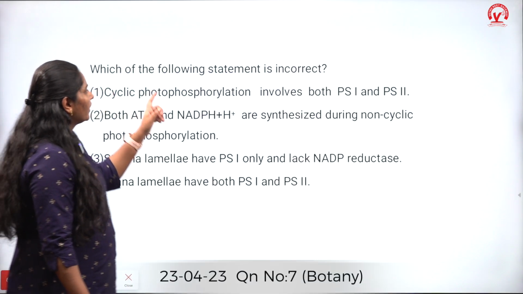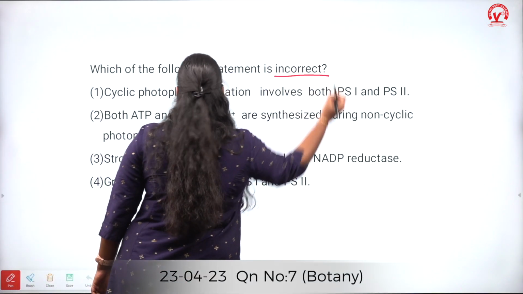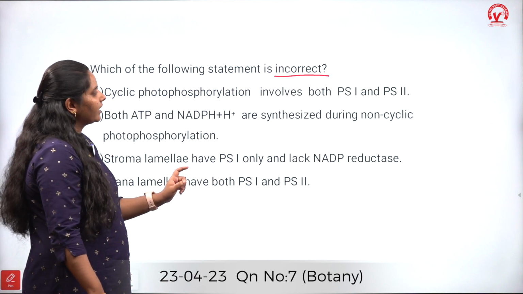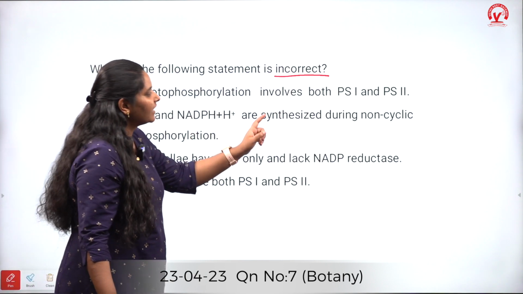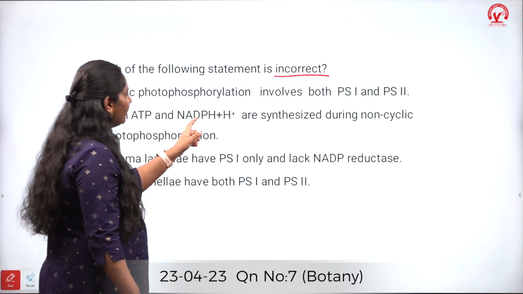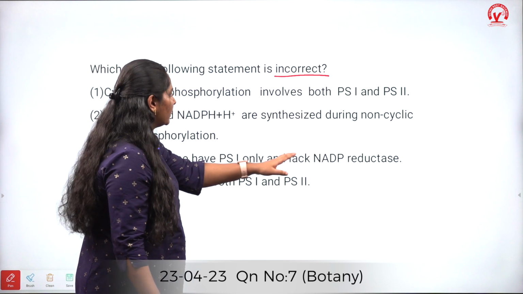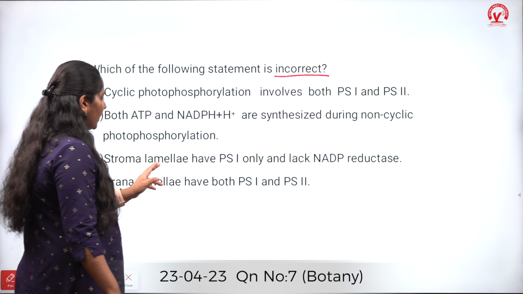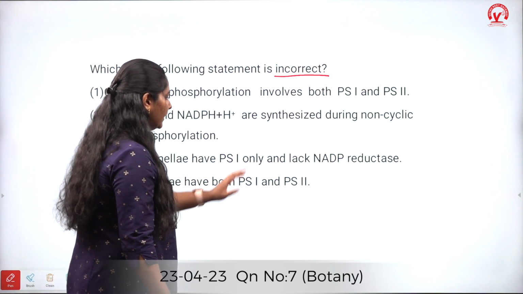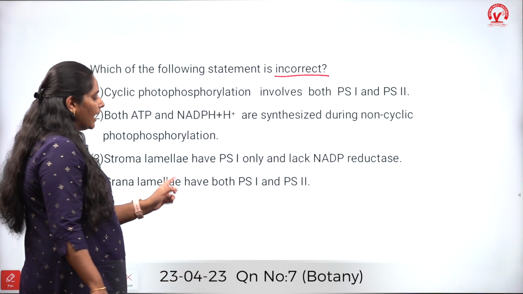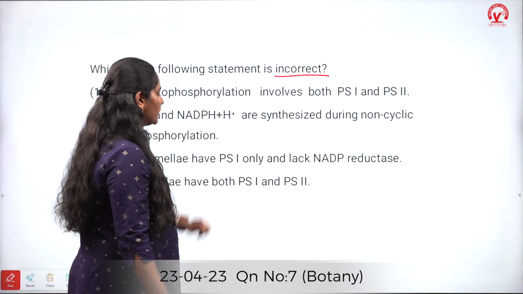Which of the following statements is incorrect? The options given are: the cyclic photophosphorylation involves both PS1 and PS2; both ATP and NADPH2 are synthesized during the non-cyclic photophosphorylation; stroma lamellae have PS1 only and lack NADP reductase; grana lamellae have both PS1 and PS2.